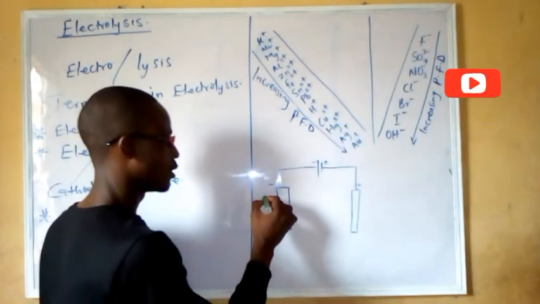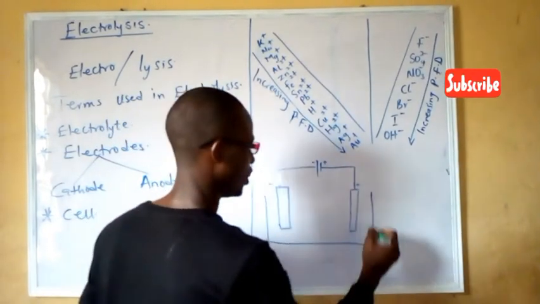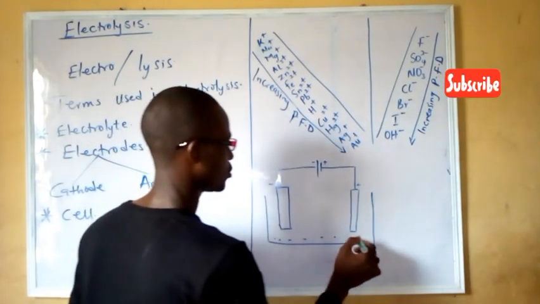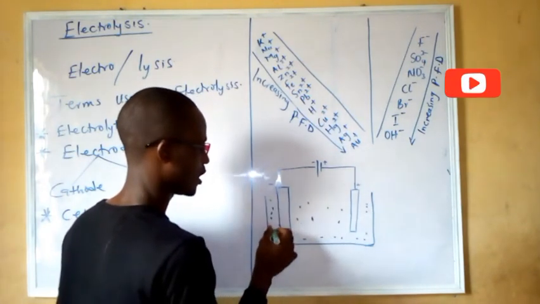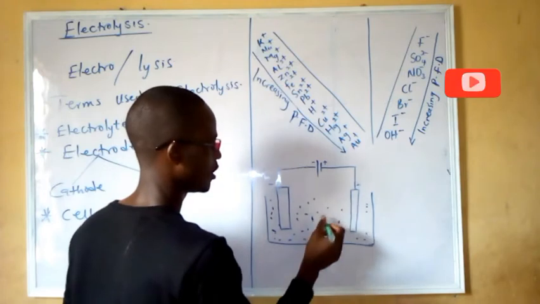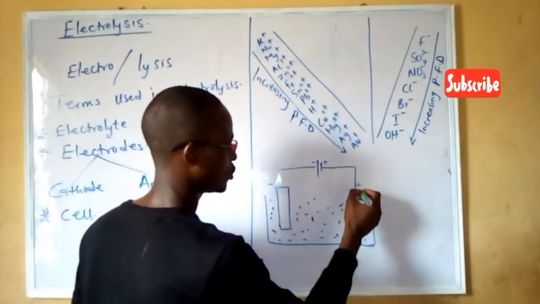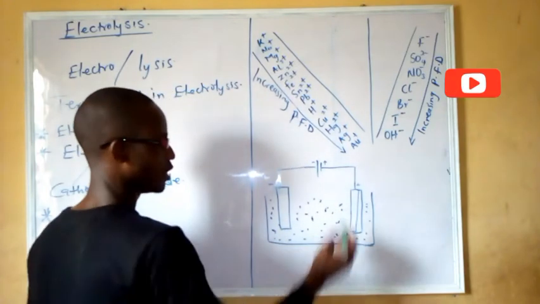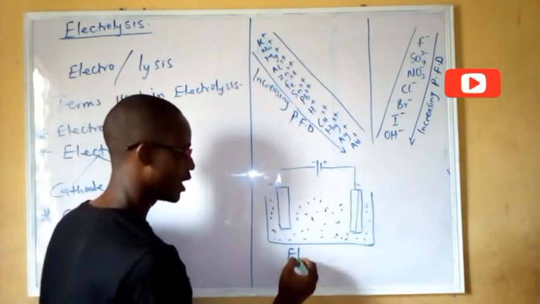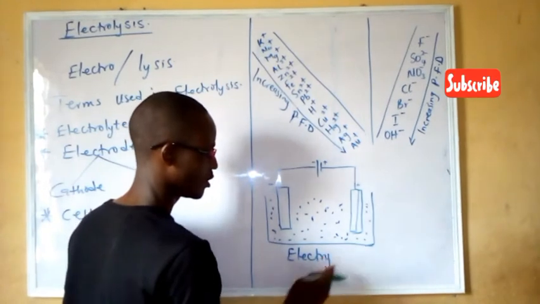Simple. And we have a container in which the electrolyte is present, and then the electrodes are inserted. So the whole diagram here is what we call the electrolytic cell.